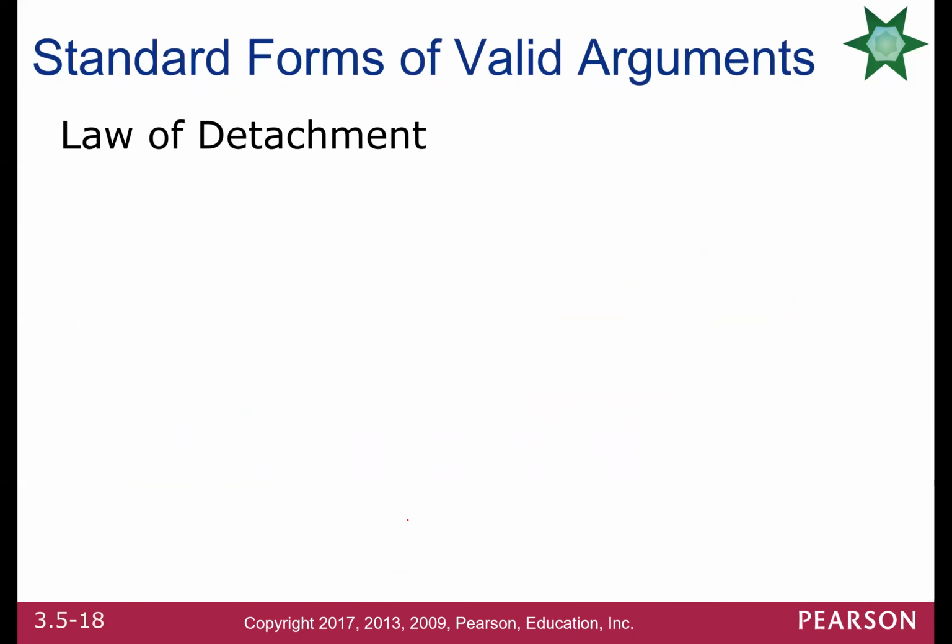Okay, so here are our four standard forms of a valid argument. The first one is the law of detachment, which we saw from the very beginning of this section. So the first premise is if P, then Q. The second premise is P, our conclusion is Q. So if you have an argument that's in this form, it is valid.